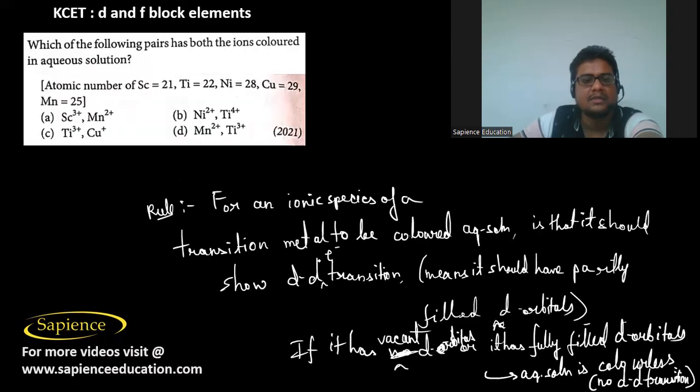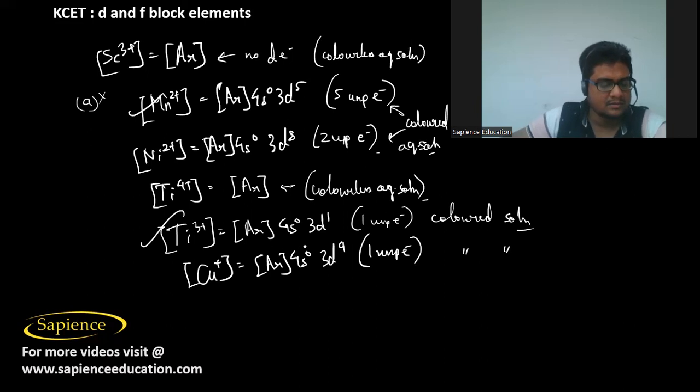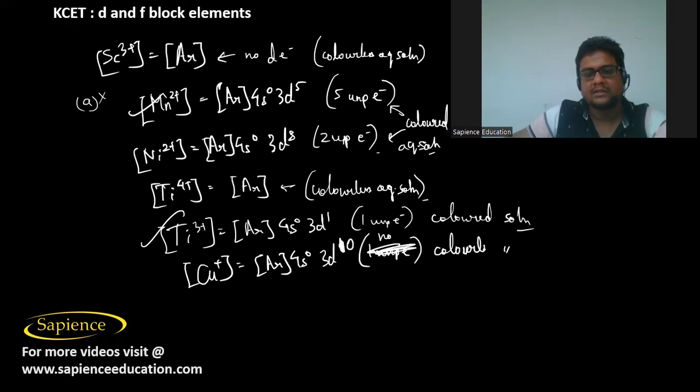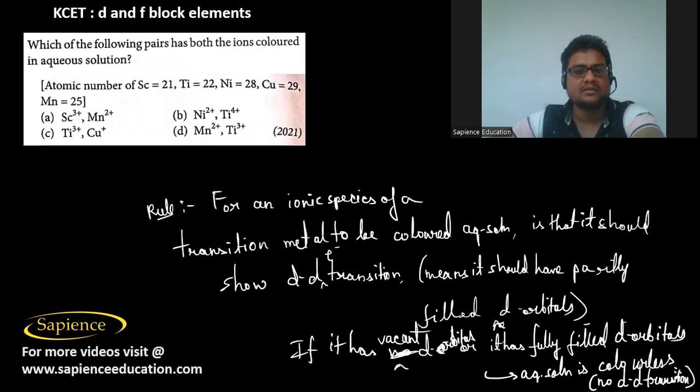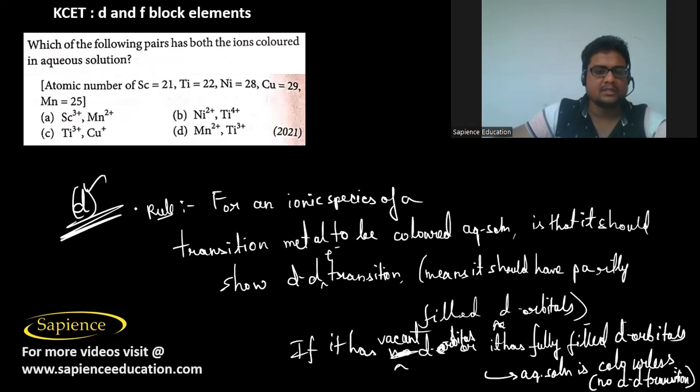Then Ti3+, so sorry, in Cu+ it will have 3d10, so it has no unpaired electrons, so it will have a colorless solution. So Mn2+ and Ti3+ will have unpaired electrons, so they will have colored solutions. So option D is the correct answer.